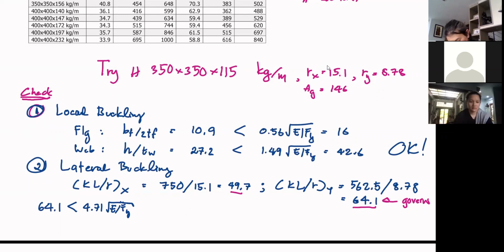And all right. So we go ahead and calculate Fe as usual. Just pi square E divided by KL over R, which is 64.1 squared. This gives us 49. You know what? Let me try to arrange better so that you can see things better. I'm pretty bad at this.